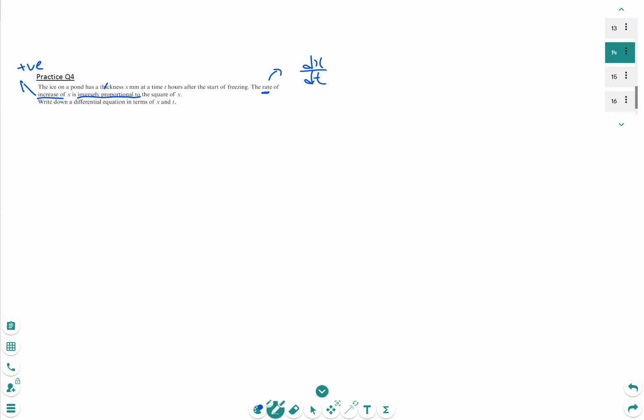Inversely proportional, so k over something. The square of x, so dx by dt equals k over x squared. And that's it, done. So you've learned inversely proportional again, this is coming from GCSE. Increase means positive.